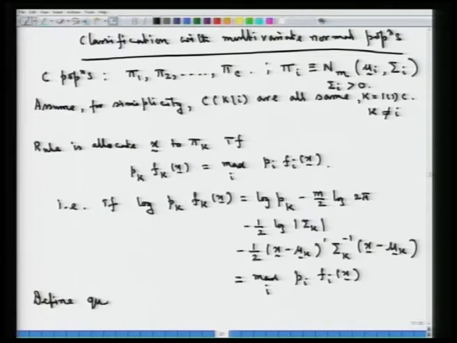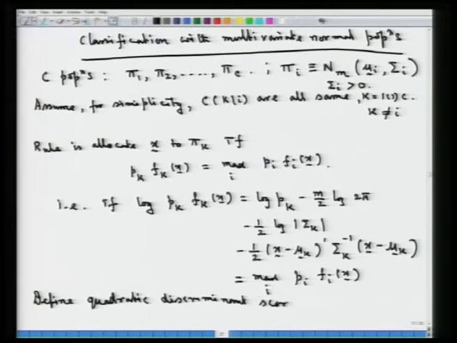Define a quadratic discriminant function, or quadratic discriminant score, say.